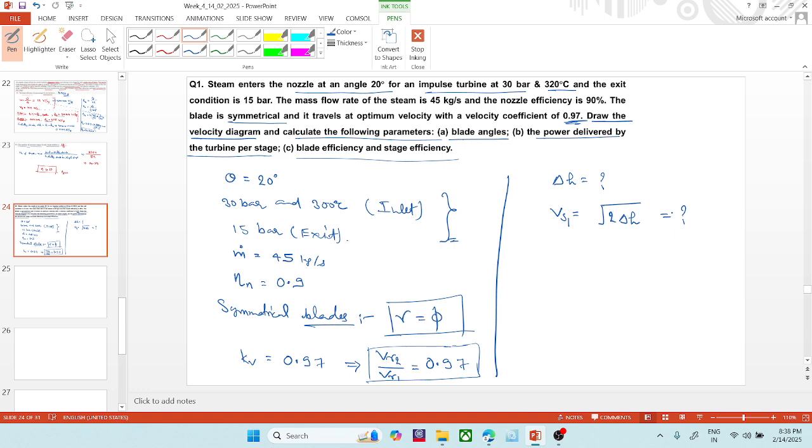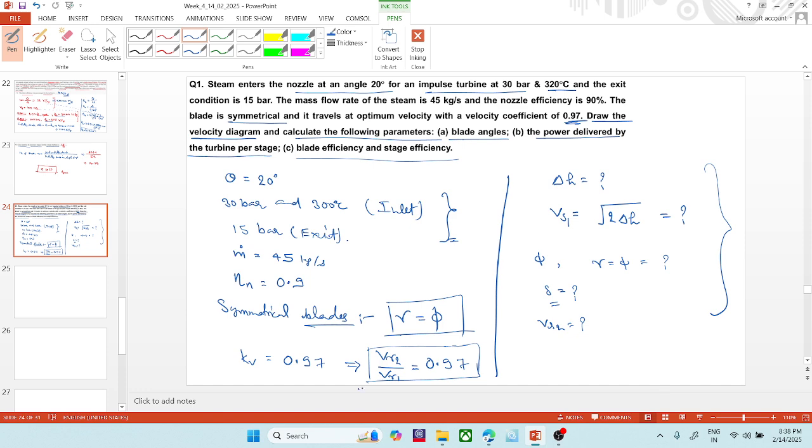Then once we get this Vs1 value, by the help of trigonometry in the velocity triangle, we would be able to calculate the value of phi, and gamma and phi would be the same. So these things we will calculate. If we do the analysis at the exit, then we would be able to calculate the value of delta also, and by the help of that we can calculate the Vs2 also. So these things are quite simple to get if we follow the steps.